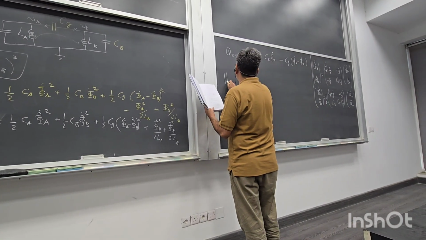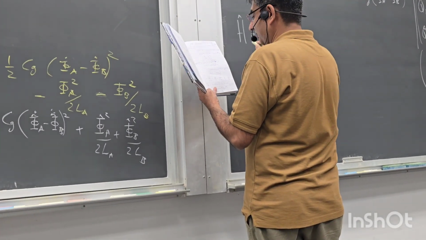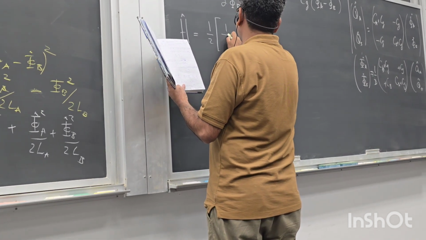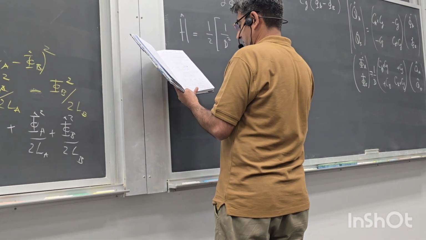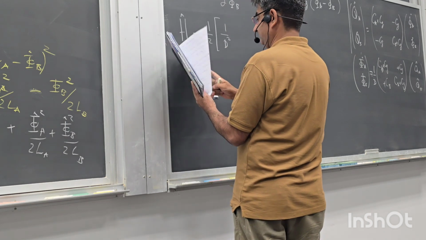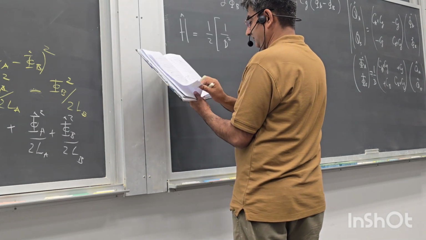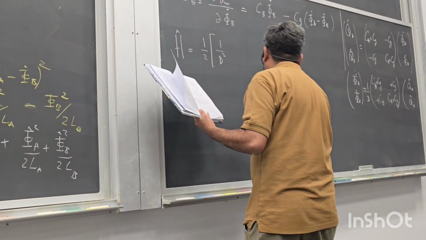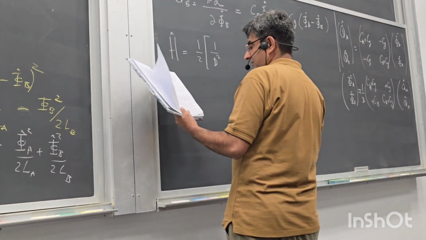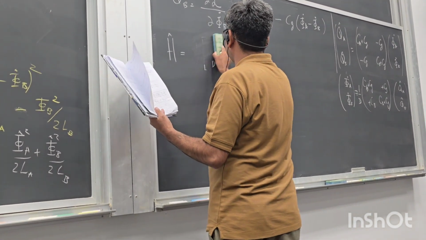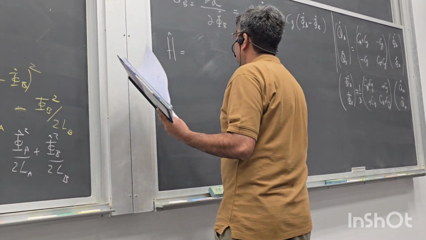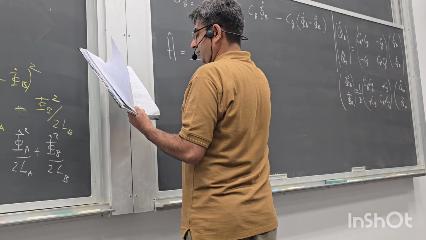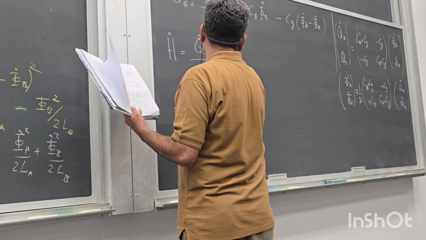So it's a lengthy calculation. Please attempt this on your own. I have 1/2 1 over d square, we then write on the final result: QA square over 2CA prime.